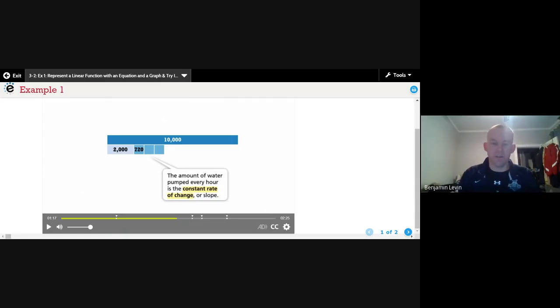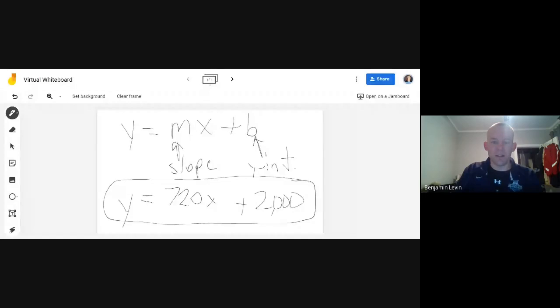They're different ways of saying the same thing. So we know that our rate, which was 720 gallons per hour, is going to be the slope of our line. And we did that, right? When we went to the Jamboard, our slope was 720 gallons per hour.